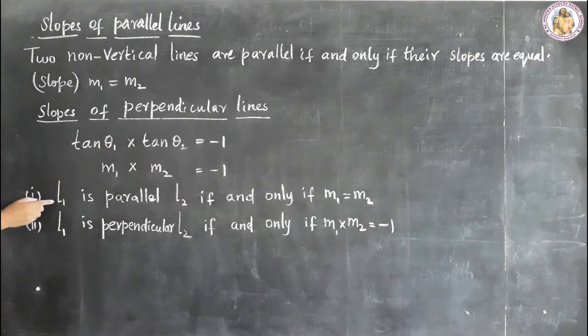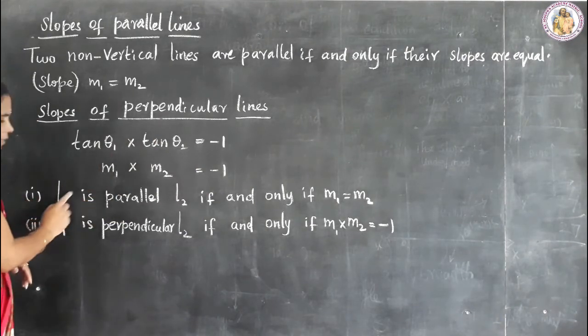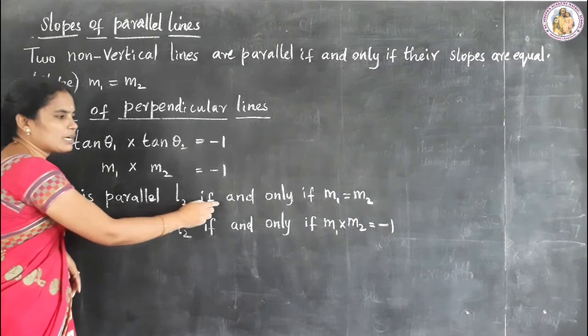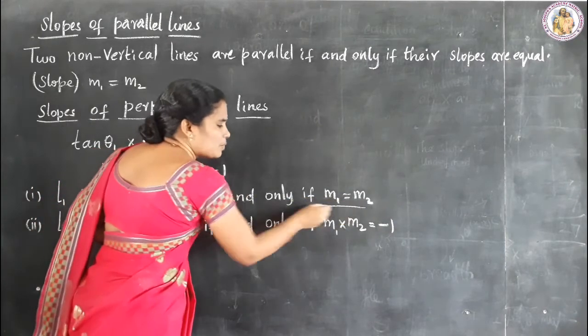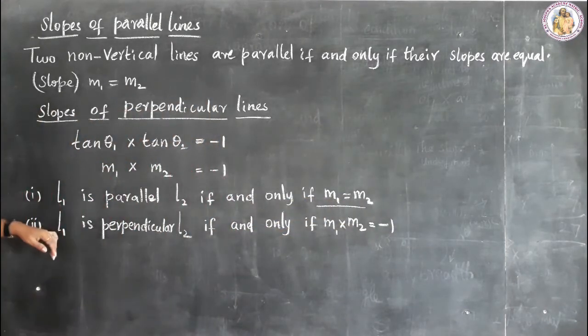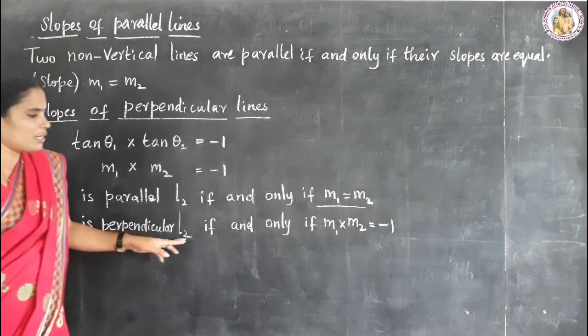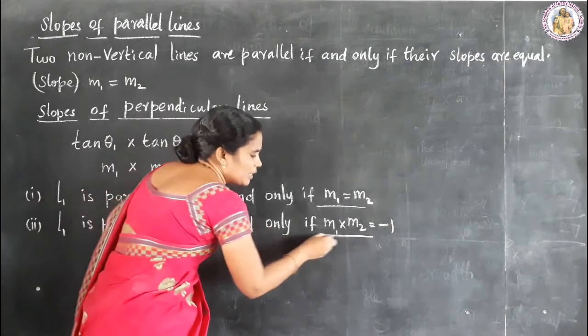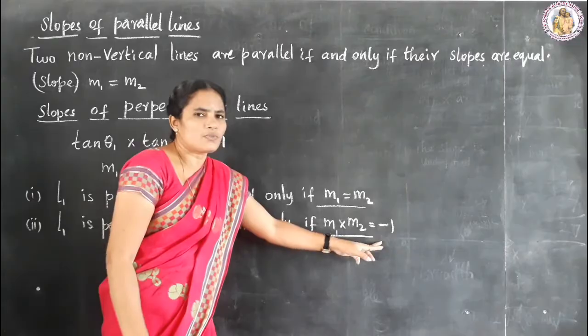From this we know that line 1 is parallel to line 2 if and only if m1 is equal to m2, and line 1 is perpendicular to line 2 if and only if m1 into m2 is equal to minus 1.